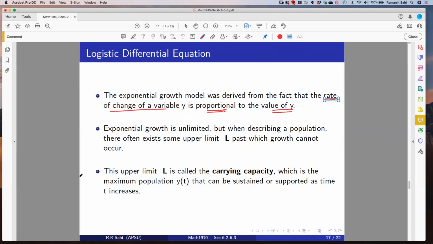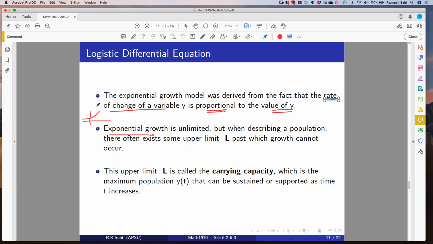Exponential growth means it just continues to grow unlimited. But in reality, there are not unlimited resources, right? The resources are limited. So that means there's a point at which the population, suppose it's a growth population model, is not going to grow.